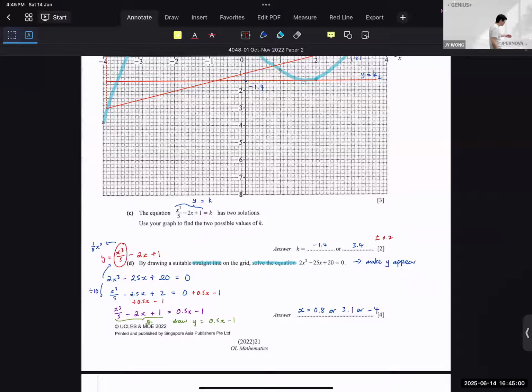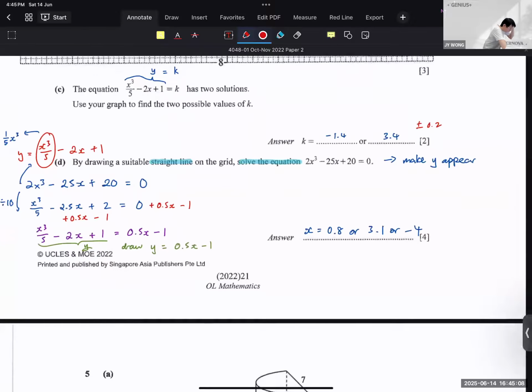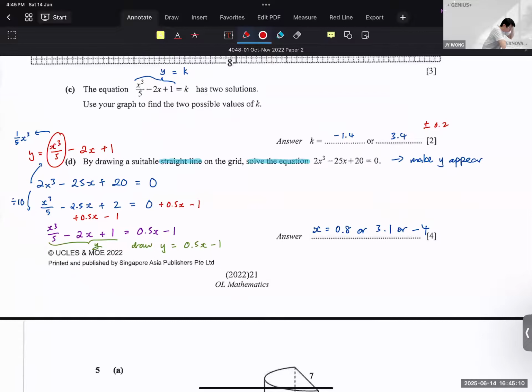Can you look at the answer key and tell me what's the exact value? Or what's the computer value? -3.9, 0.8, or 3.05.